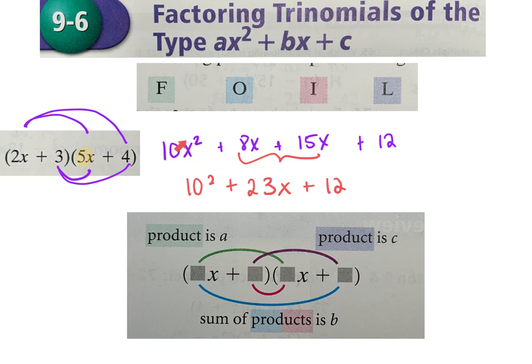So we took factors of 10 to get to the 2 and the 5, factors of 12 to get the 3 and the 4. But then it was a combination of those factors that made these up. And so when you start unfoiling this type of trinomial, then all of a sudden you have more factors in play than what we've been looking at, okay? And you have to figure out how they match up, all right?